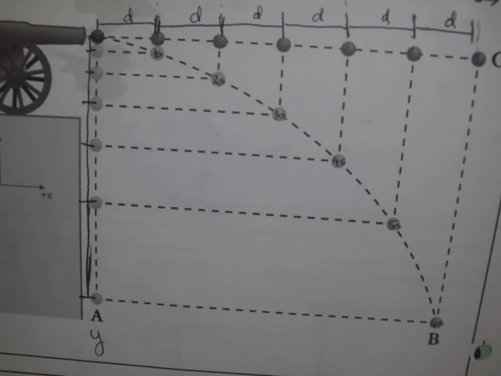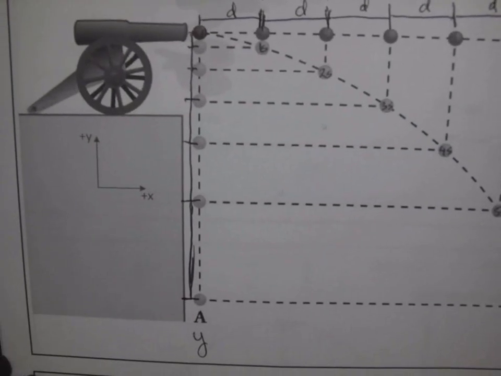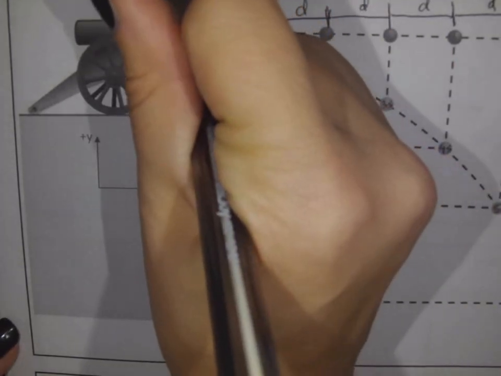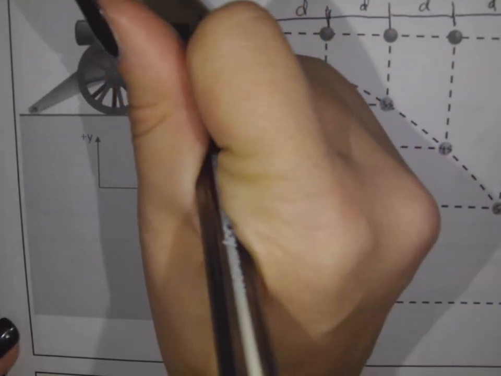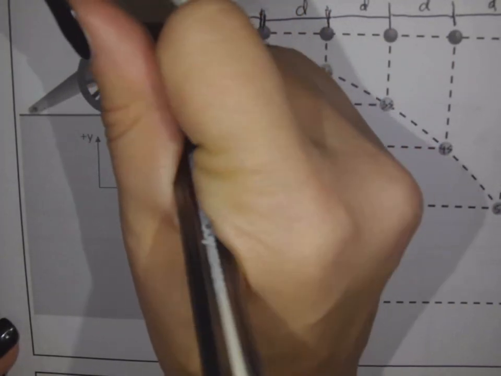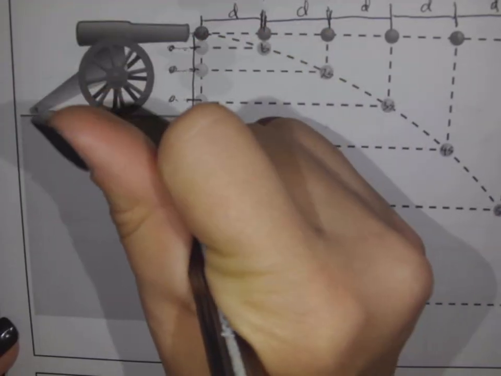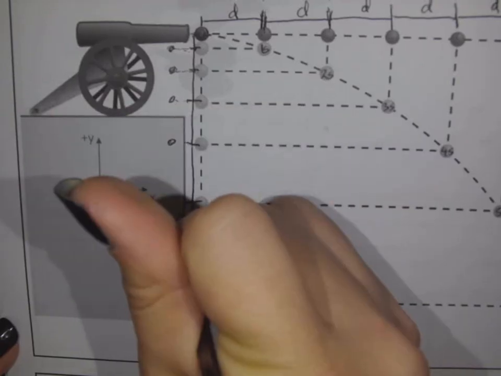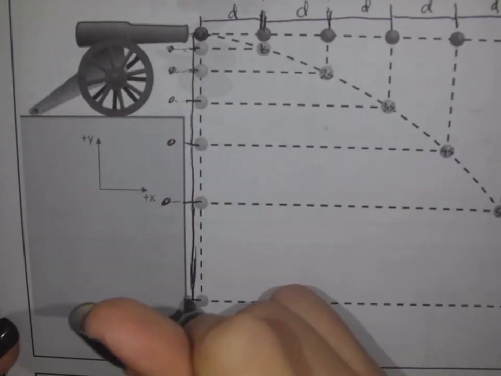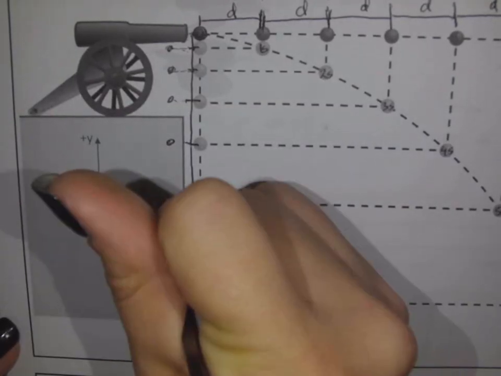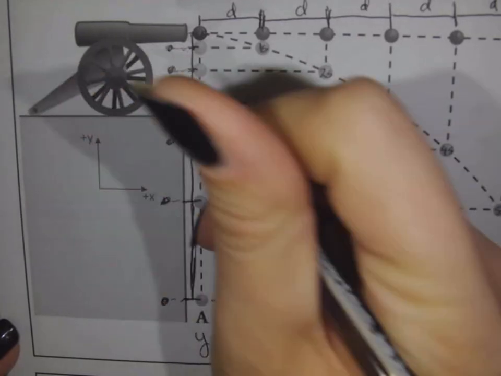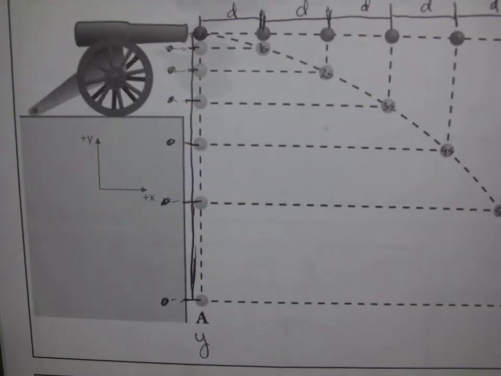So like if I were to draw a velocity vector for this, let's draw one here. Okay, ready? So I'm going to draw velocity vectors. The magnitude, the size of the arrow represents the size of the velocity.